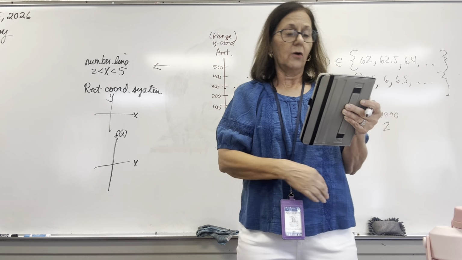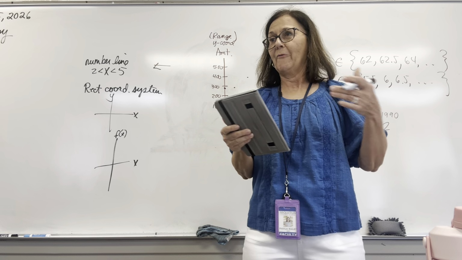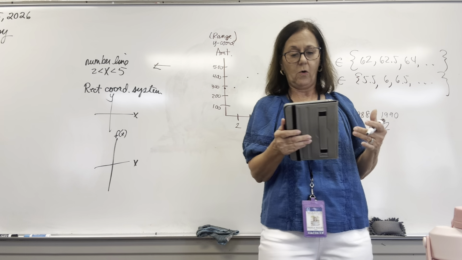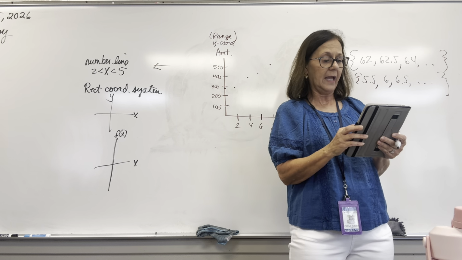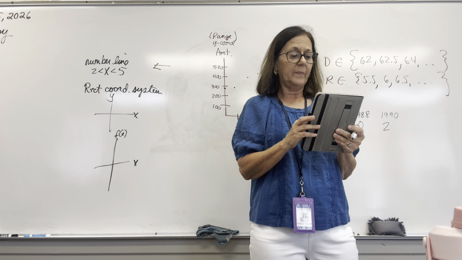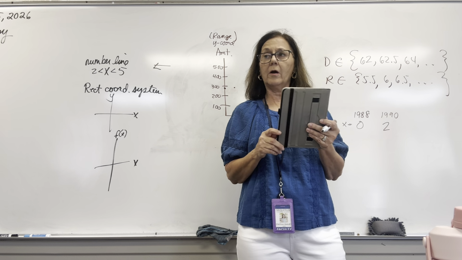So given the relation is 0 goes with 0, 1 goes with 1. Those are XY coordinates. So if I were to list the domain, my domain would be 0, 1, 4, 9.